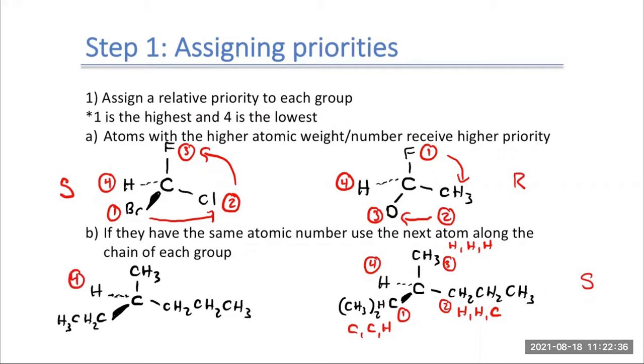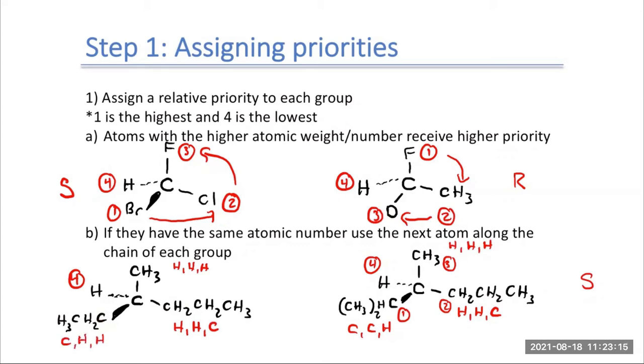So that means our hydrogen is number 4. Again, if we look at what's attached to it, methyl has hydrogen, hydrogen, hydrogen. Hopefully we're all getting good with that. Propyl, I can see, has hydrogen, hydrogen, carbon. Ethyl, remember we're looking at this carbon here. That's still hydrogen, hydrogen, carbon.